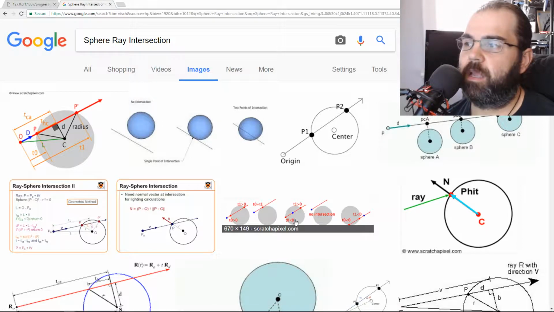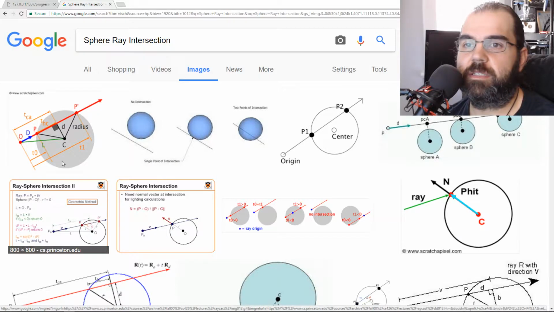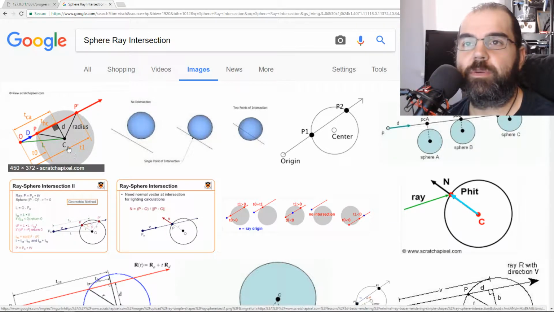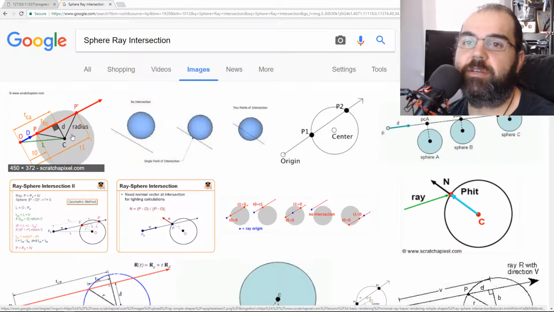And the math behind it is very simple. These two images illustrate it really well. It's really just the use of triangles. It's measuring triangles, and that is really the gist of finding intersection points on a sphere. It's a circle right here, but in practice, it's the exact same thing.